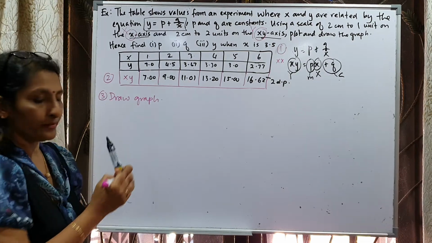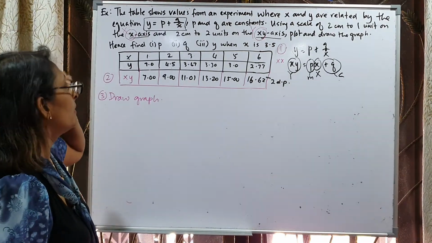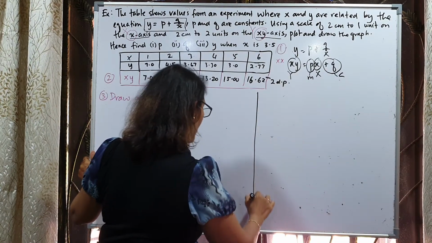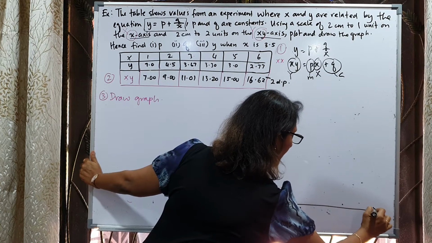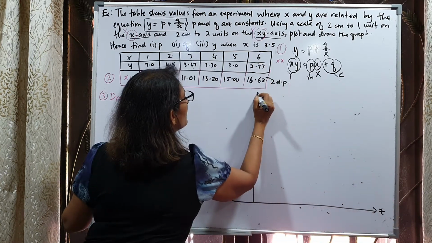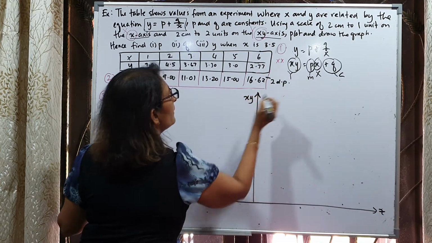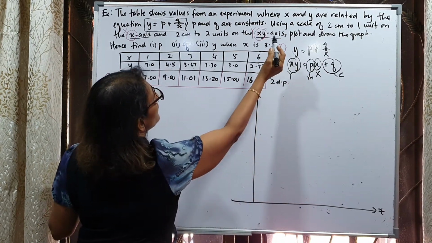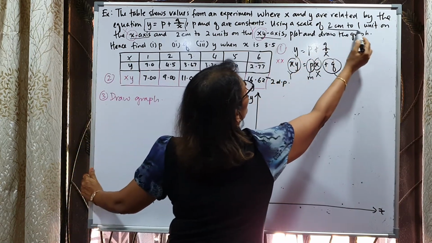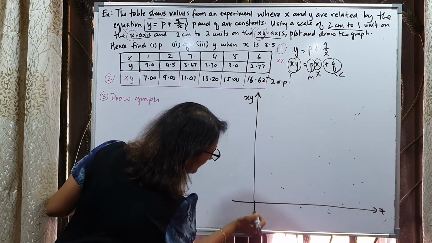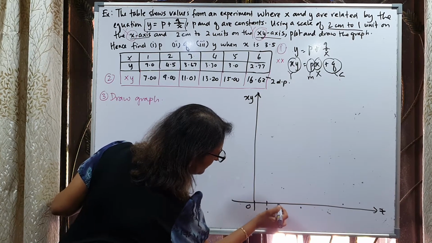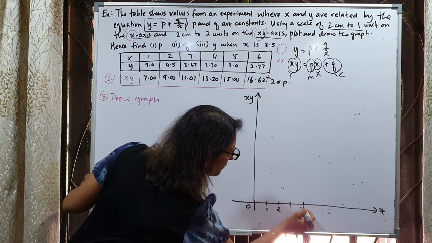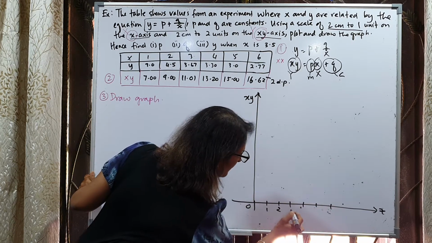Let's go aside. On your graph paper, you will draw like this. This is x and this will be xy, your capital X and your capital Y. Now follow the scale here. 2 cm to 1 unit on the x-axis, meaning here is 1, 2, 3, 4, 5, 6.